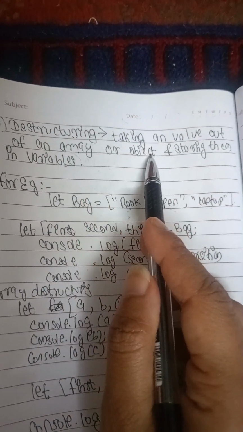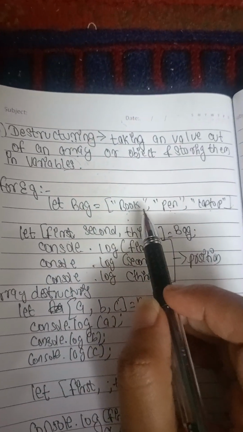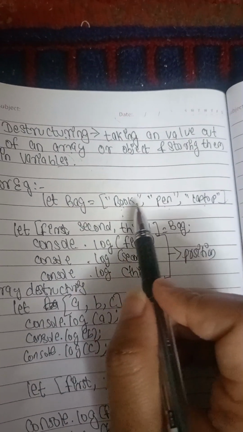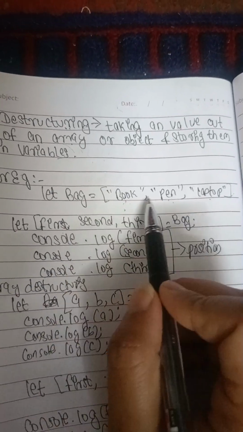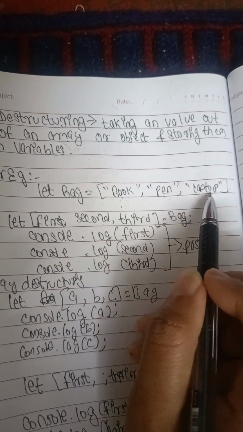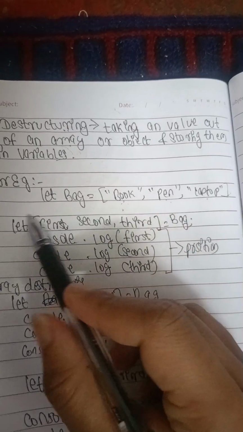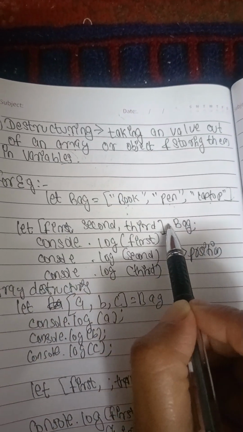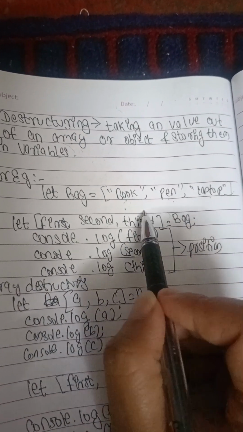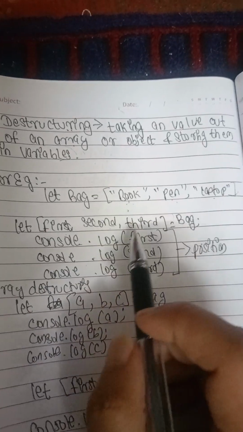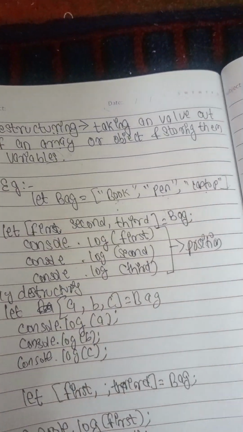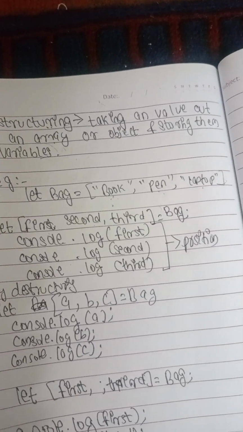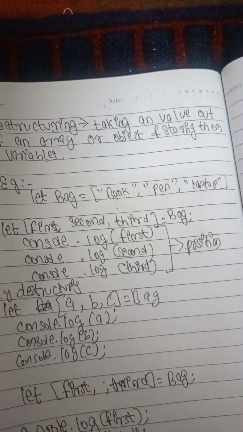Array or object, so I'm putting it into position-wise. So I have let book is our first, pen is our second, and laptop is our third. I have done the initialization of the positions, and after initialization I did console.log first, console.log second, console.log third. So this is how we can do it.